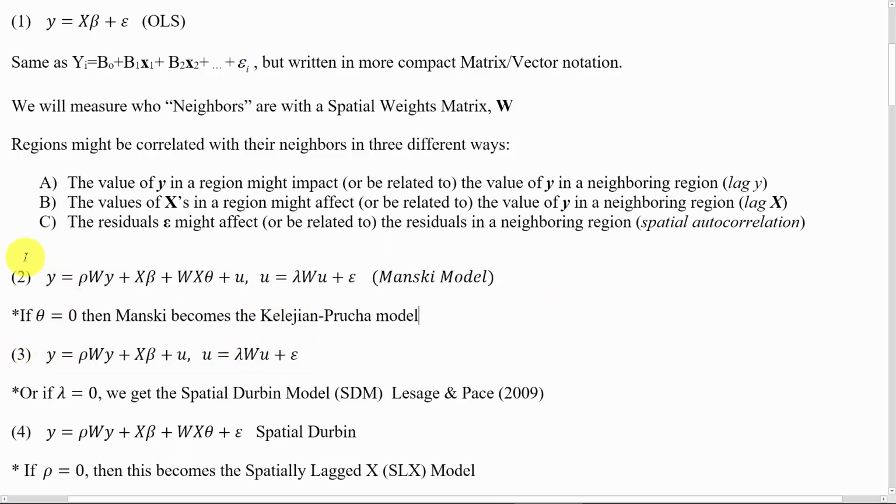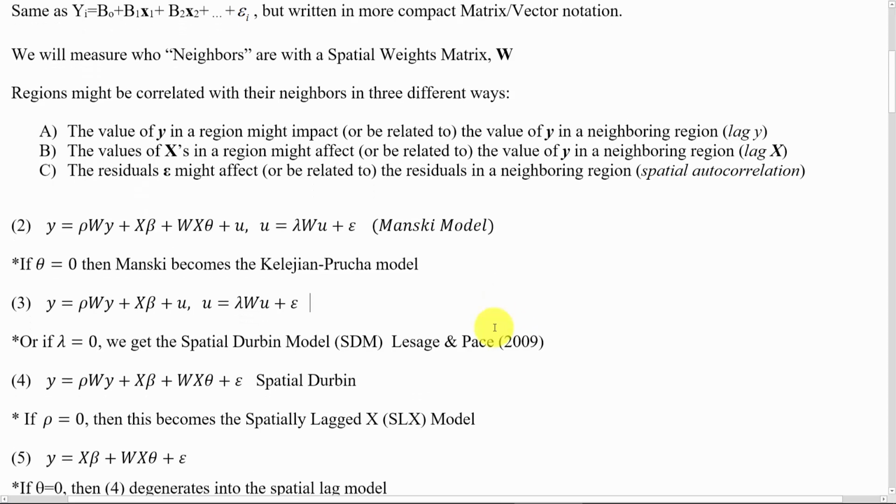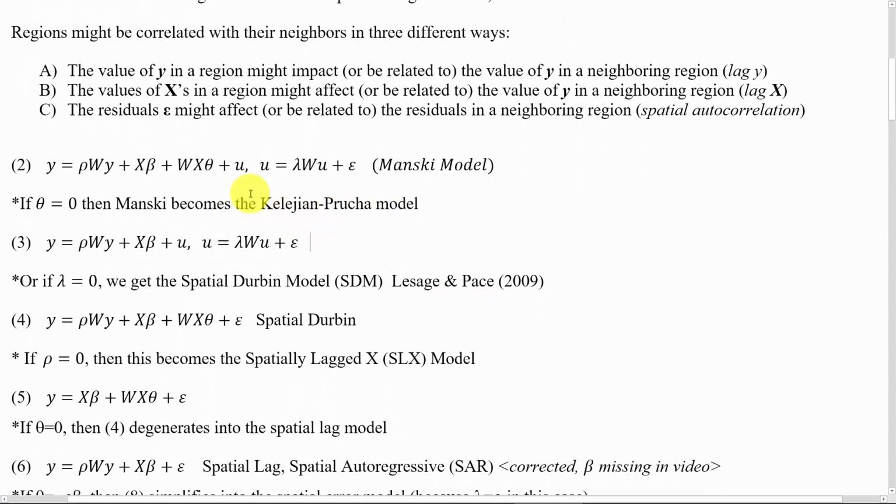Then this Manski model becomes simplified to just this model. All we're doing is we're removing this one term and that's what we call the Kelejian-Prucha model. So we're simplifying it down. And Kelejian and Prucha have found that they can get solid estimates for these kinds of models. So this is one of the camps, one of the groups of people that advocate that this is the way to go. You should start here and estimate this model.